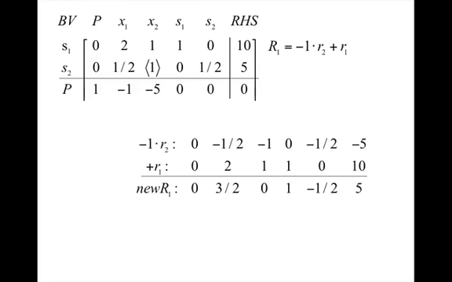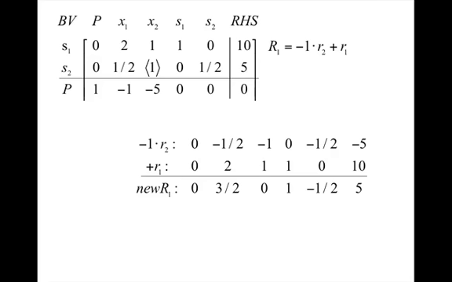So negative 1 times row 2 is 0, negative 1/2, negative 1, 0, negative 1/2, negative 5. Then add this to row 1, and this gives us our new row 1.